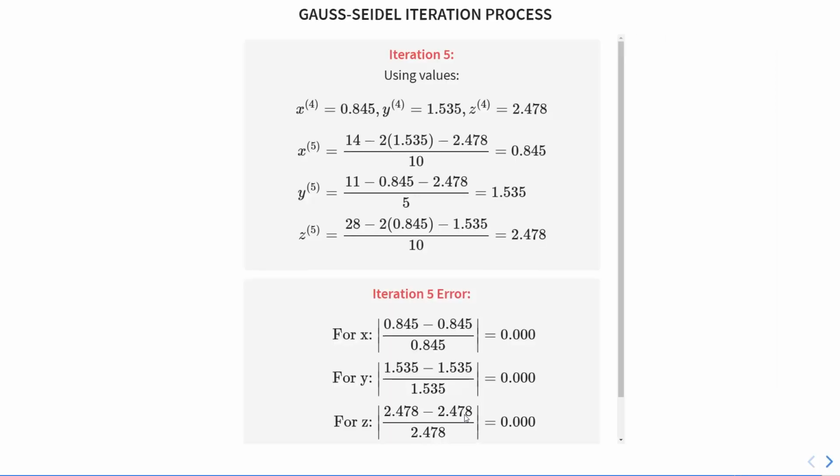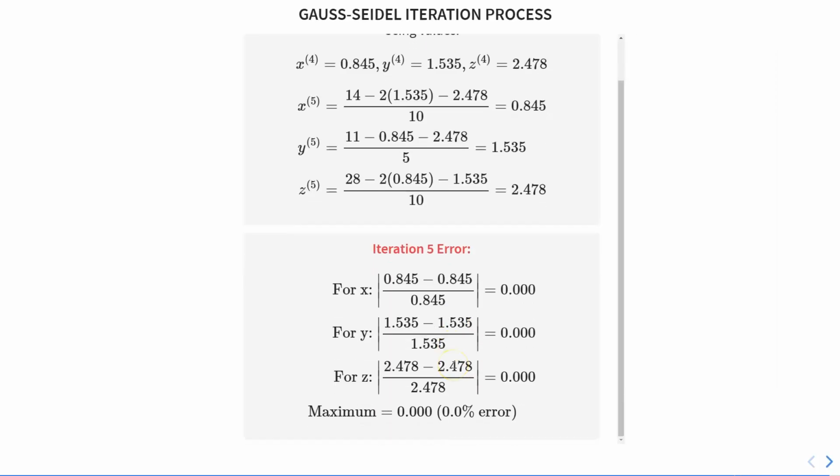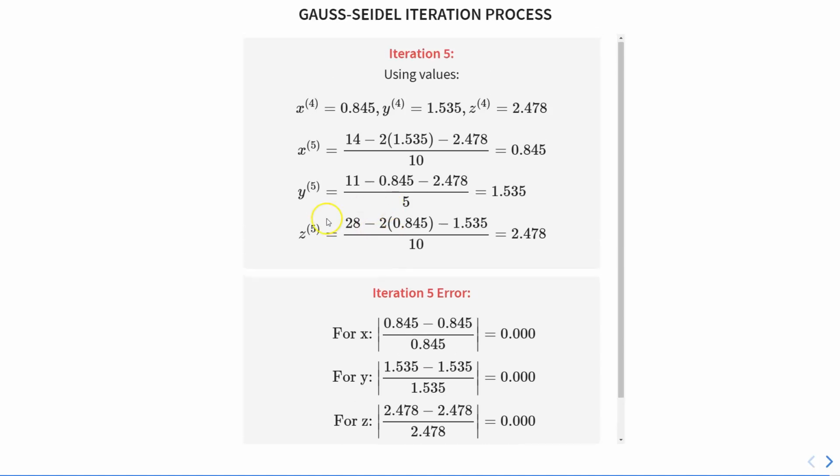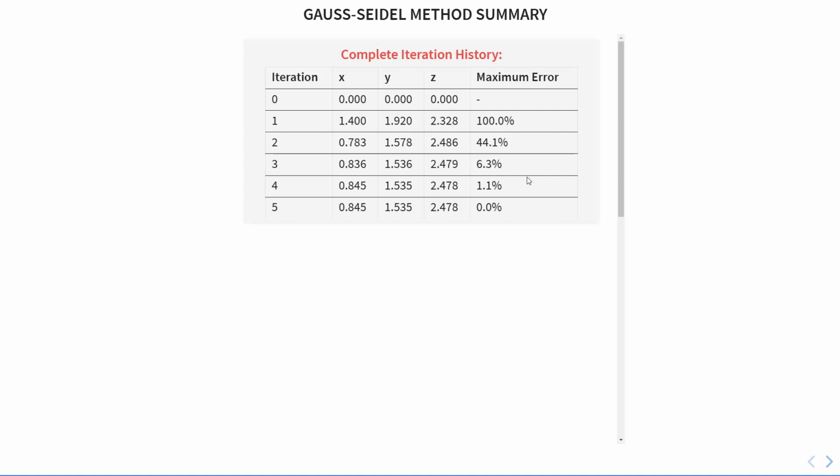Now if I do iteration 5 in a similar way, my error is now 0%. Here x5 is 0.845, y5 is 1.535 and z5 is 2.478. These are my solution. Now this is the table of all the iterations. In iteration 5, x is 0.845, y is 1.535 and z is 2.478.